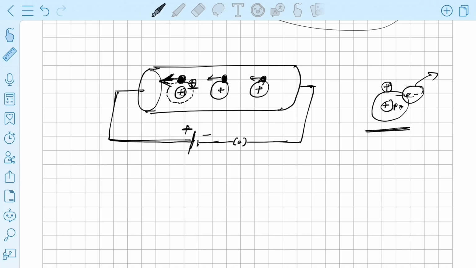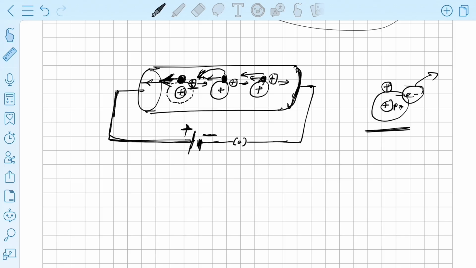Then another electron comes towards it, and again it becomes positively charged. So electrons move towards the end connected to the positive terminal of the battery, and positive charges go in the opposite direction, towards the end connected to the negative terminal.